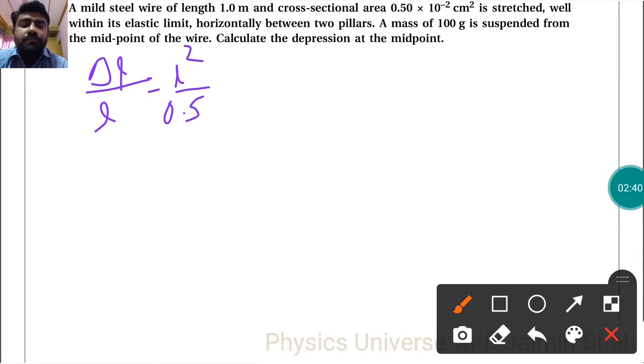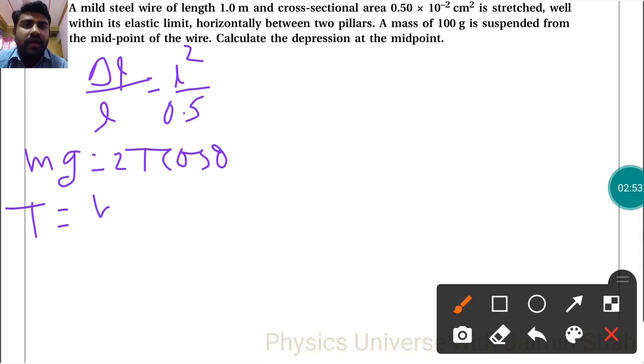Now earlier, mg is equal to 2T cos theta, because both tensions act in the downward direction. So the formula is T equal to mg upon 2 cos theta.